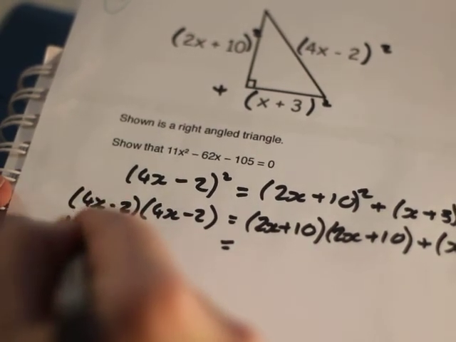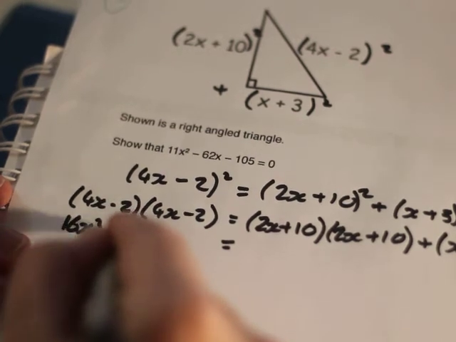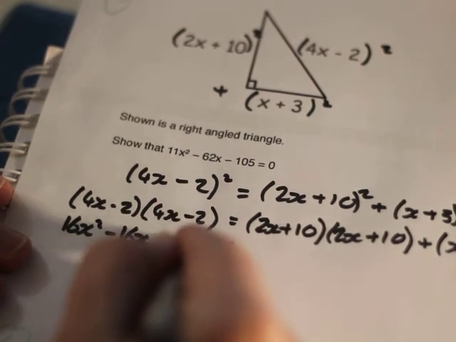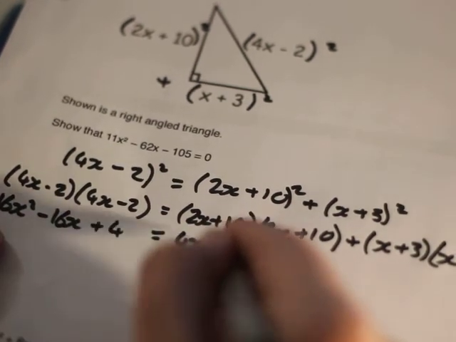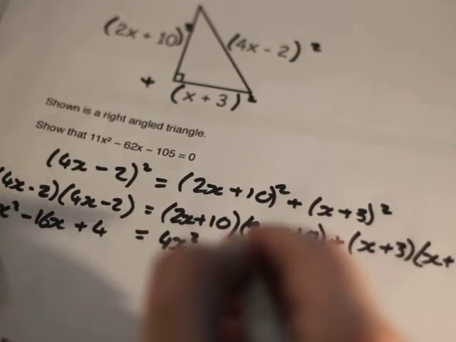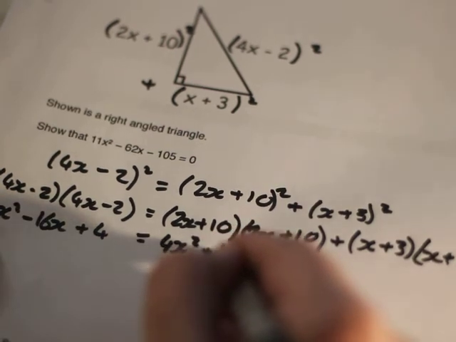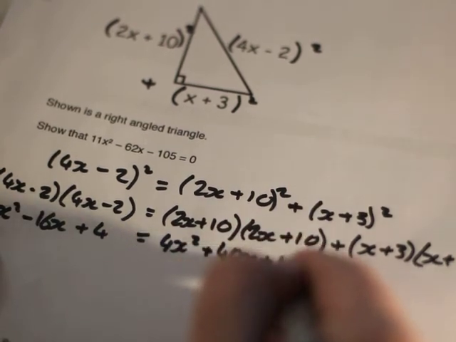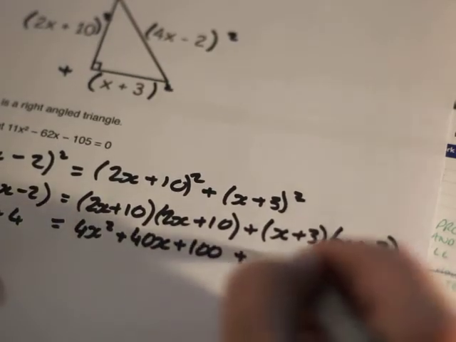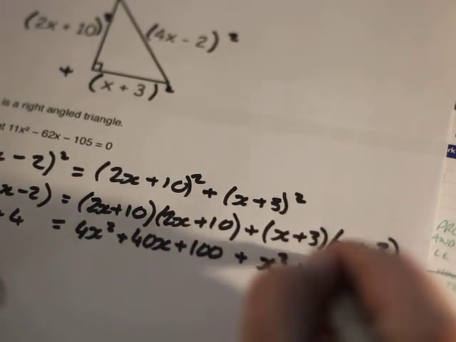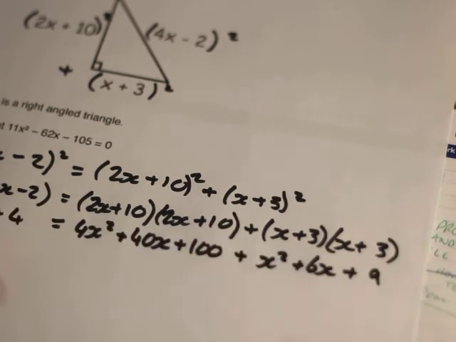So this is going to be 16x squared minus 16x plus 4. This is going to be 4x squared plus 40x plus 100. And then the final two pair of brackets, x squared plus 6x plus 9.